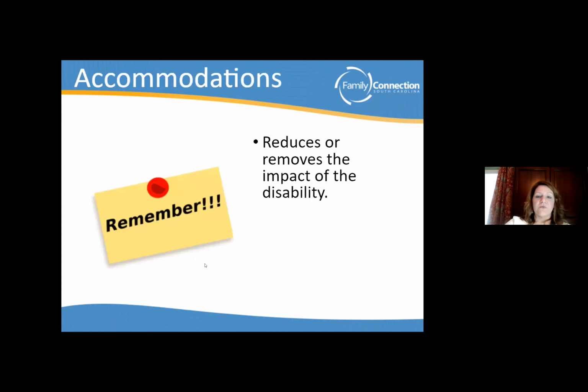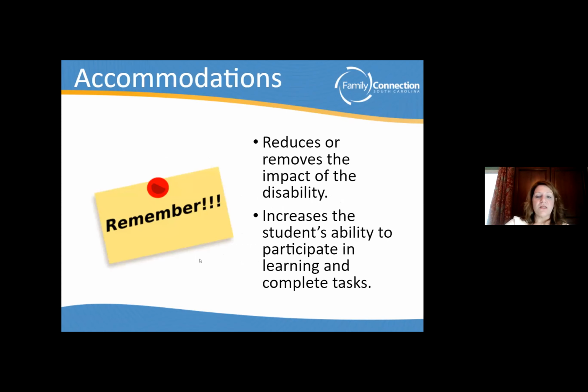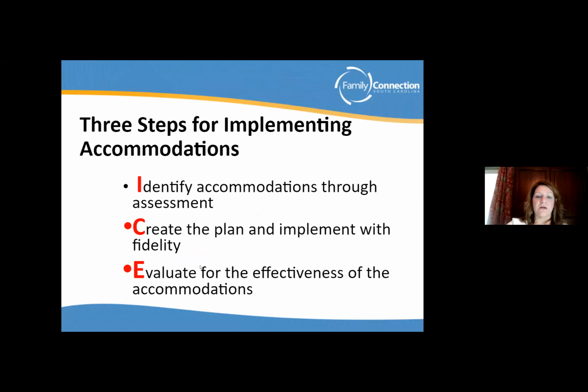So that's where we have to remember that the goal of our accommodations is to reduce or remove the impact of the disability, and also to increase the student's ability to participate in learning and completing the task, to get their engagement and their learning without their disability creating a barrier.